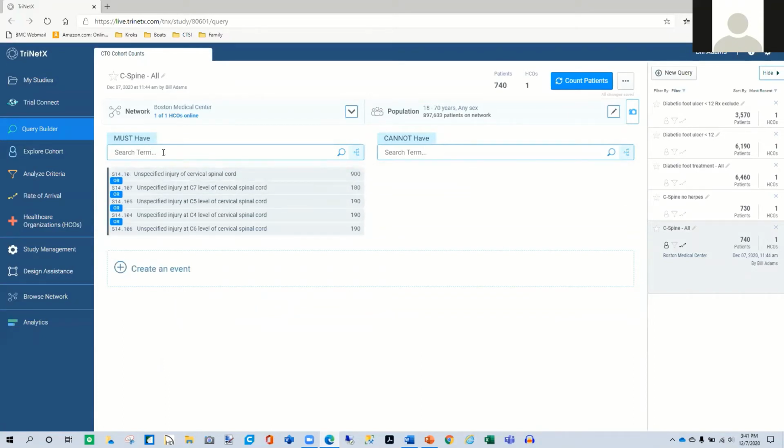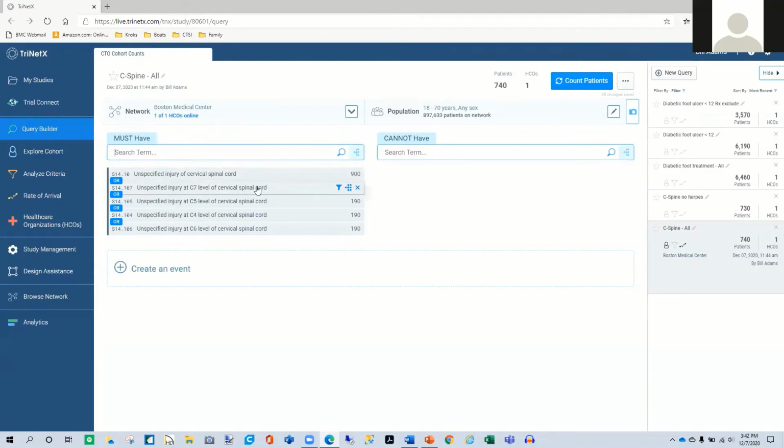But through a variety of searching, I was able to come up with an unspecified injury. So this would be any type of injury to your cervical spine. This would be a pretty wide net to cast. You'd have to ask yourself how much chart review you really want to get into.